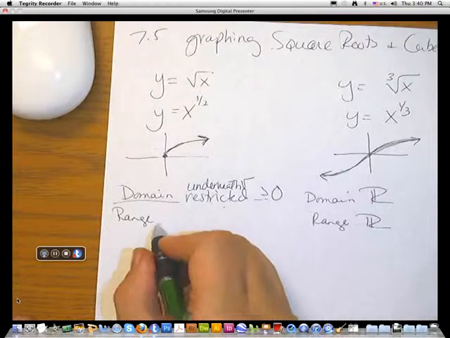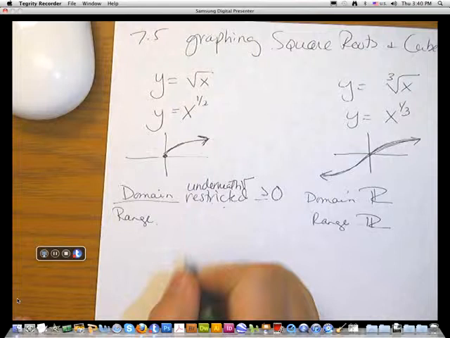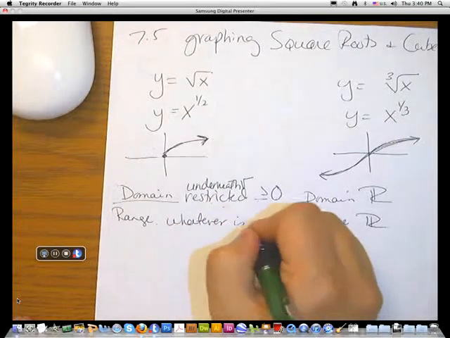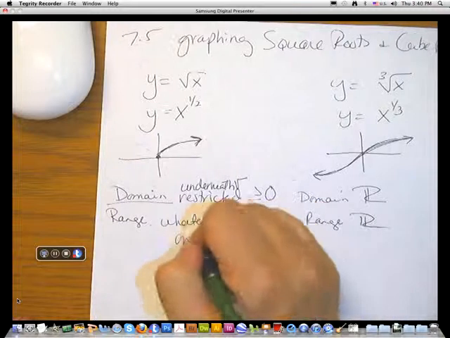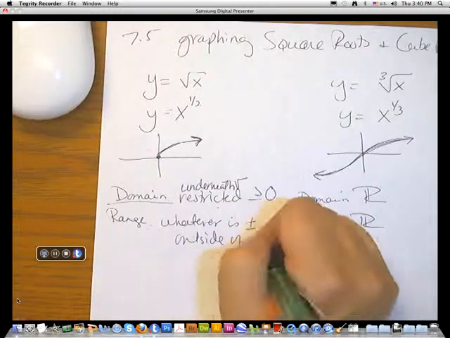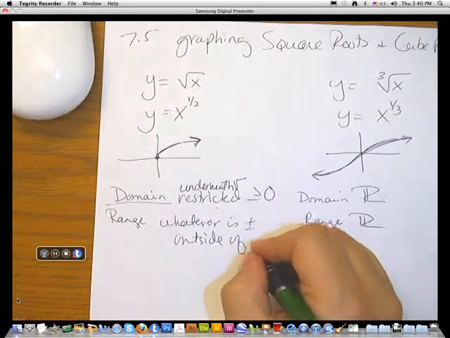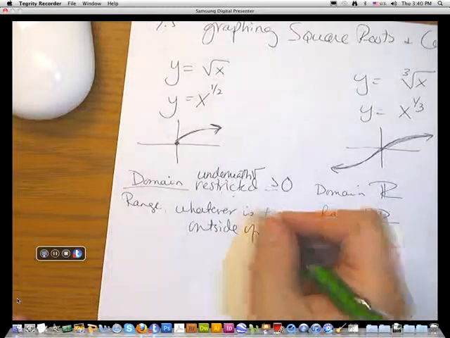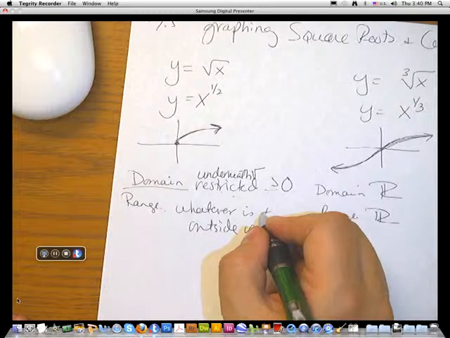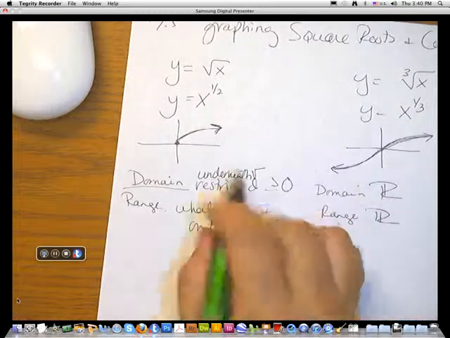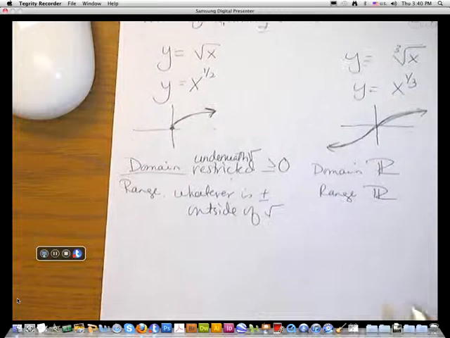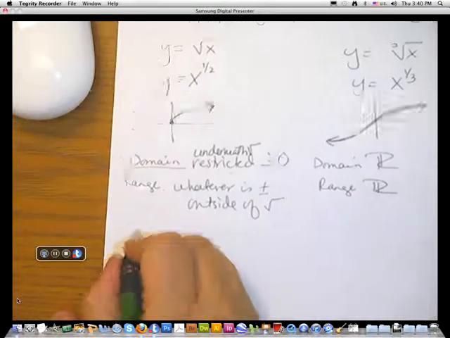And the range is actually going to be whatever is added or subtracted outside of the radical. And it's going to be greater than or less than based on whether this goes up or whether it goes down. So let me just kind of show you what I mean on this.